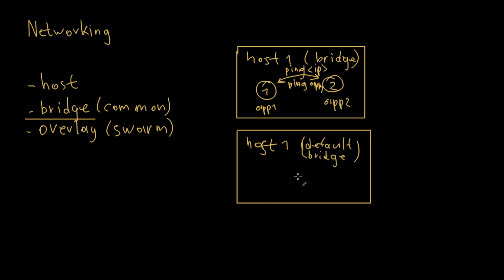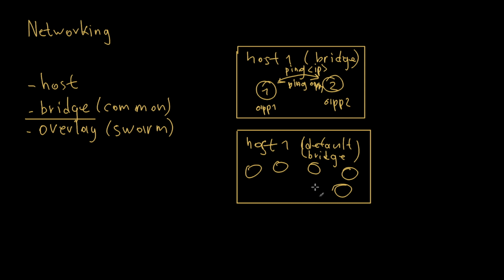It exists by default, and Docker manages this network. This is a network where Docker places all the containers that don't specify any other option.